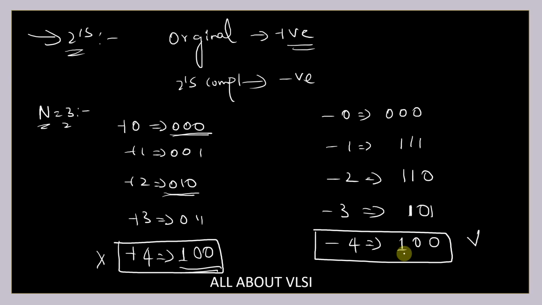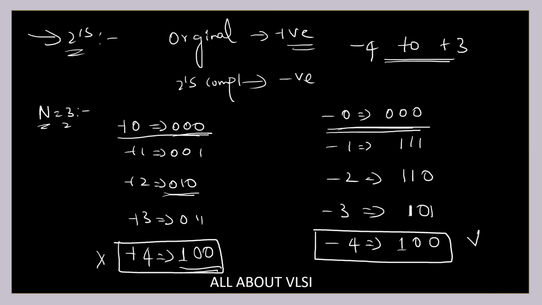Okay, because your MSB is equal to 1. So what is the range in 2's complement format? The range here is -4 to +3. And you have only one representation for 0. This is the advantage over 1's complement and sign magnitude format, where you have two representations for 0.